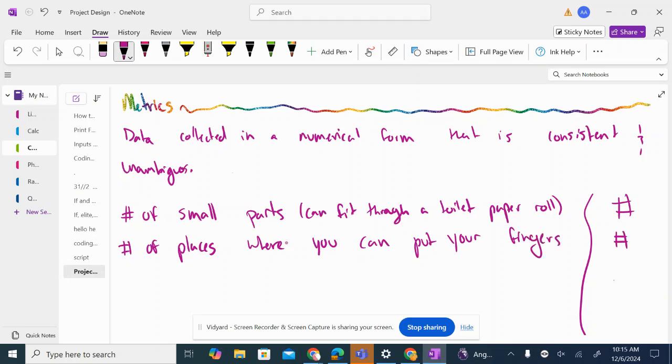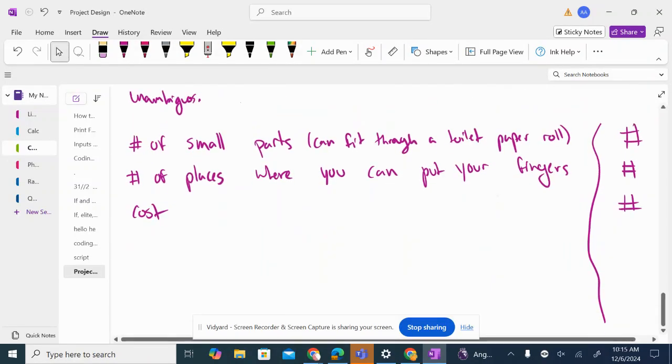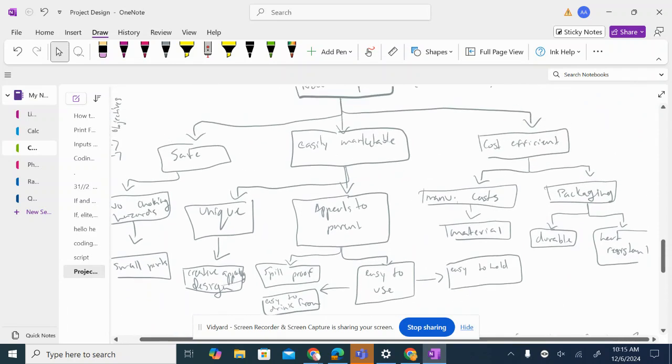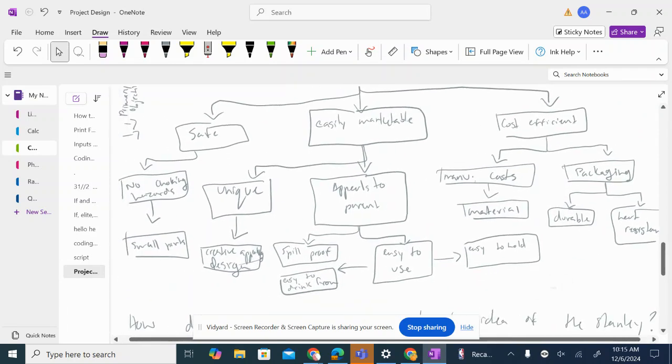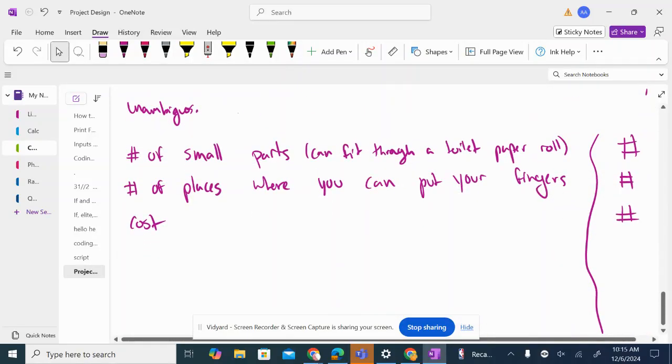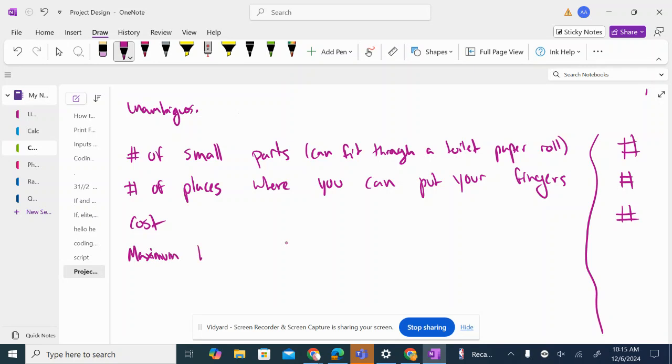For cost, we get a number. For what else? We have durability and heat resistance. We can say maximum heat test, where it's put under heat to see how well it would last, and that will then factor into our cost, especially for transportation.